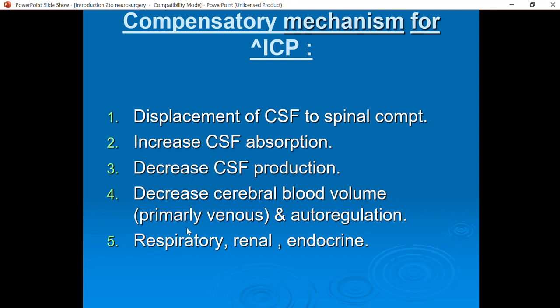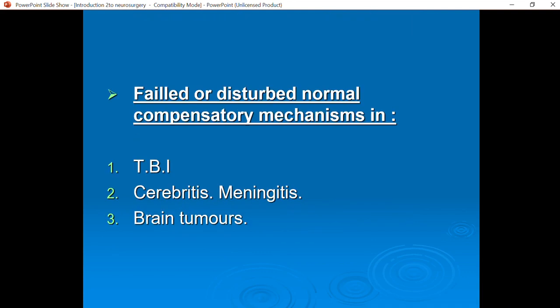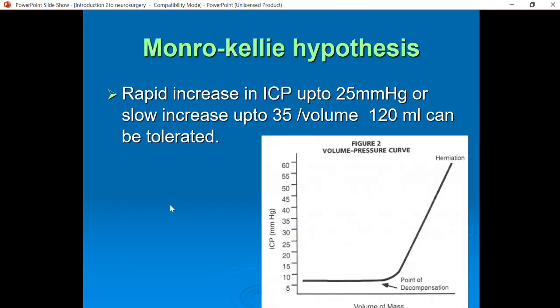When it is washed out, there will be respiratory alkalosis, which helps in causing vasoconstriction and reducing the ICP. The kidney also plays a role in acid-base balance and plays the same role, while the endocrine system acts through hormones. And these compensatory mechanisms may fail in certain diseases such as traumatic brain injury and others.